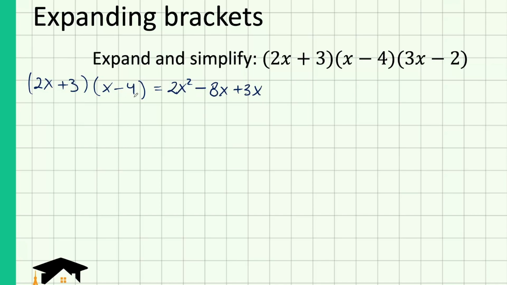And 3 times minus 4 is minus 12. And in this expression we have minus 8x plus 3x. So that gives us 2x squared minus 5x minus 12.